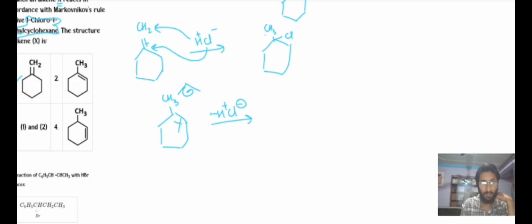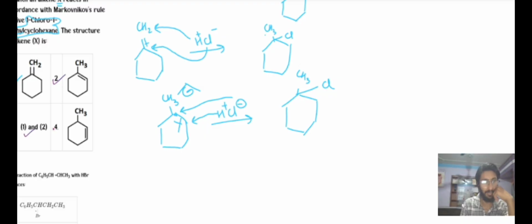So the hydrogen will get to this carbon and the chlorine will get to this carbon. So what will be the product for this reaction? The product will be like this. The CH3 will be like this, and the chlorine would be attached to this carbon. So this could also be 1-chloro-1-methylcyclohexane. So this can also produce this product.